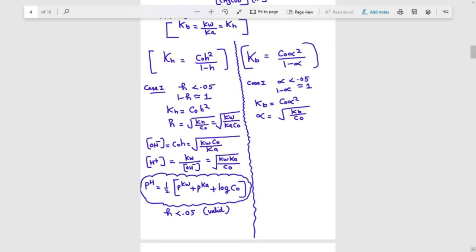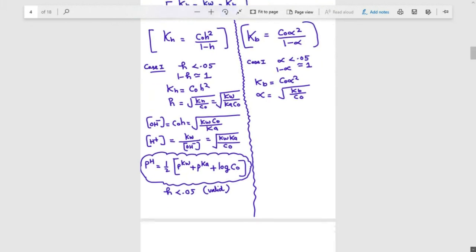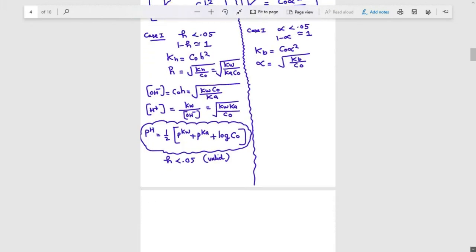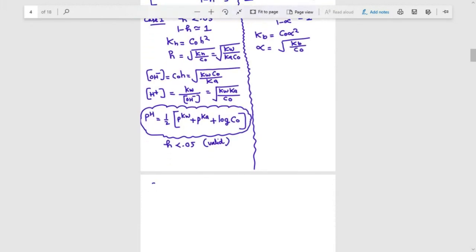Now the second case, suppose this case is not valid. Case 2, again I am relating this case 2 with weak base. In case of base, we are writing that Kb is equal to C naught alpha square upon 1 minus alpha.